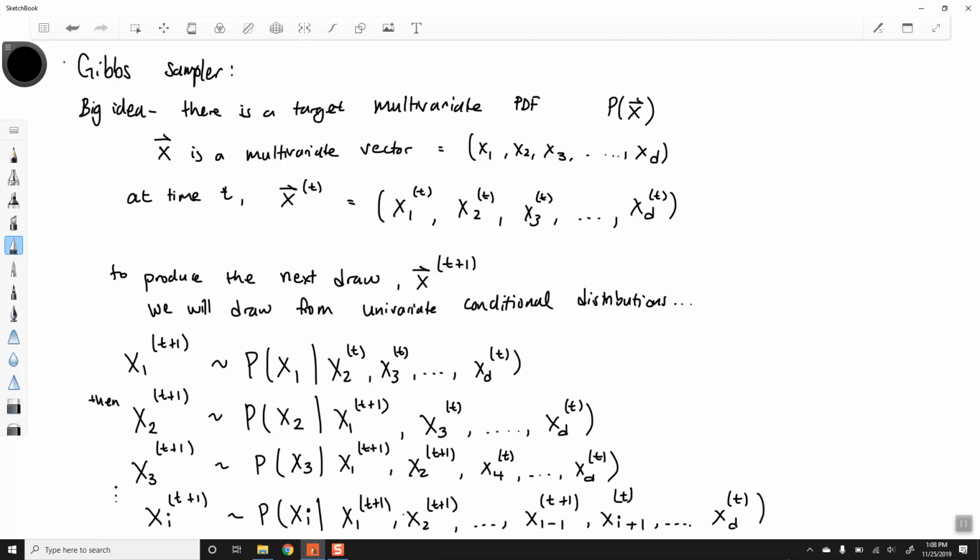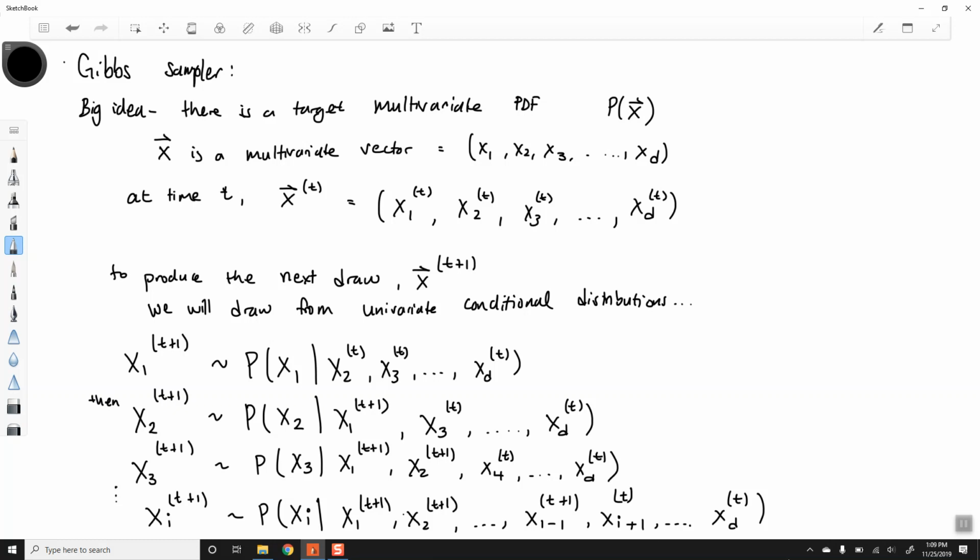I know there's a lot of t's and t plus 1s, so I just want to pause for a brief minute and make sure everyone is okay with what we have said here. The hard part is breaking everything down into univariate conditional distributions.